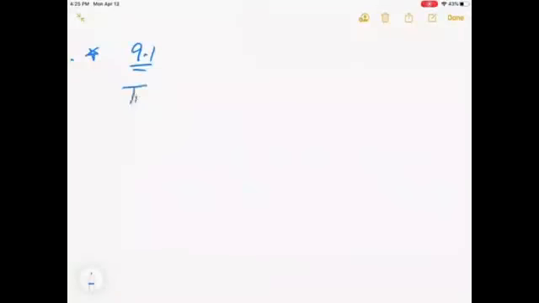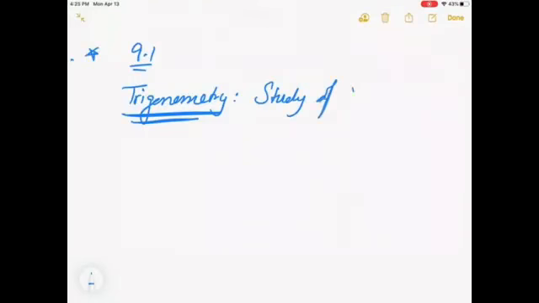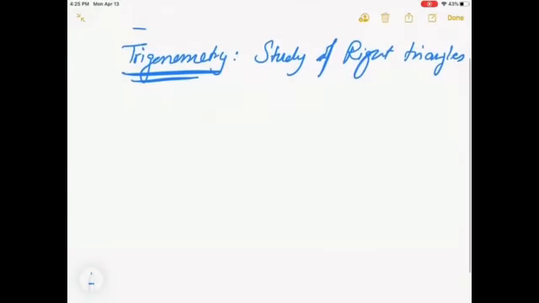When I say trigonometry, I hope you remember basically trigonometry is the study of right triangles. So pretty much we learn about right triangles, the ratios, and all about that.